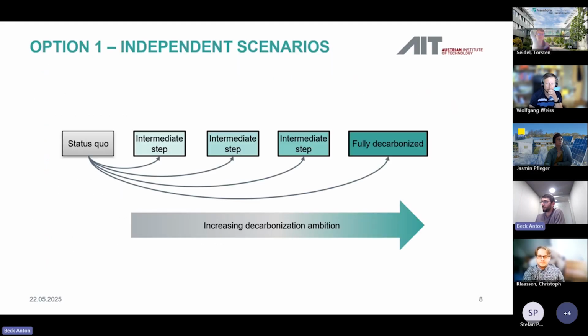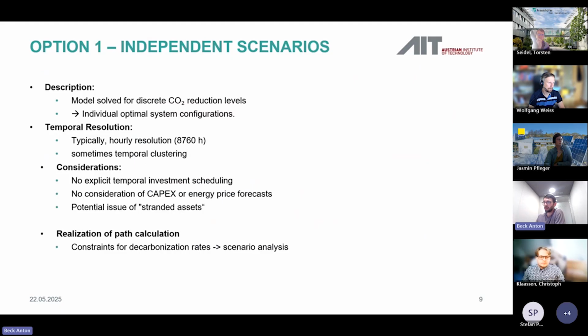So the first and most basic approach is to calculate cost-optimal systems for different degrees of decarbonization. So we can enforce the system to reduce its carbon emissions by 10%, 20%, up to 100%, and then we get cost-optimal solutions for the intermediate steps. So problems here is we cannot really get the temporal scheduling from it.